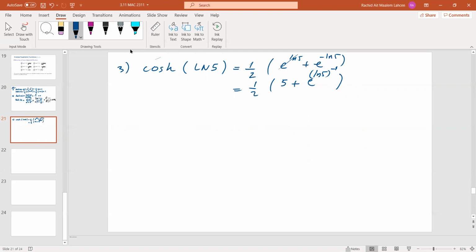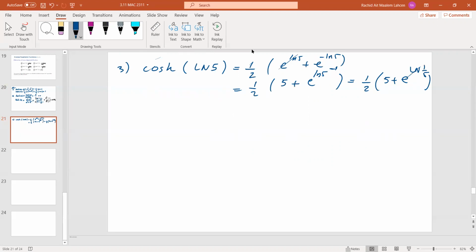Which is 5 to the negative 1. So 1/2 times 5 plus e^(ln 1/5).